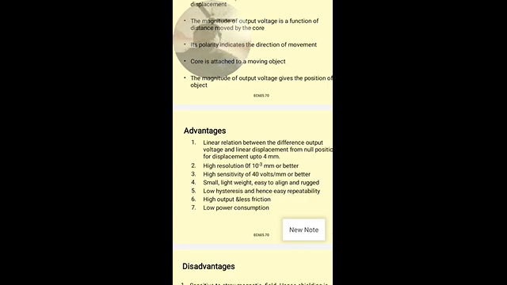Disadvantages: the total circuit has to be shielded, as the accuracy can be affected by external magnetic fields. So the measurement depends on the external magnetic field.